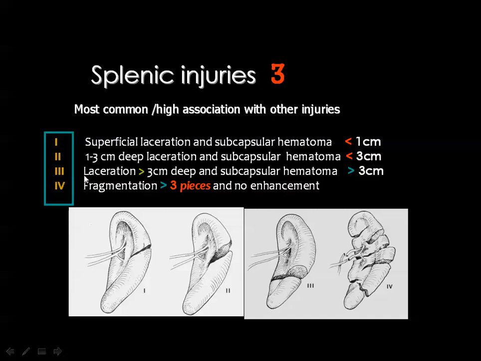Grade 3 is a laceration more than 3 centimeters deep, and subcapsular hematoma more than 3 centimeters in thickness. Then the grade 4 injury represents fragmentation or shattering of the spleen into 3 or more pieces.